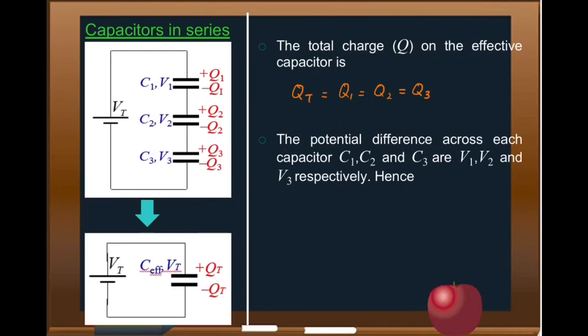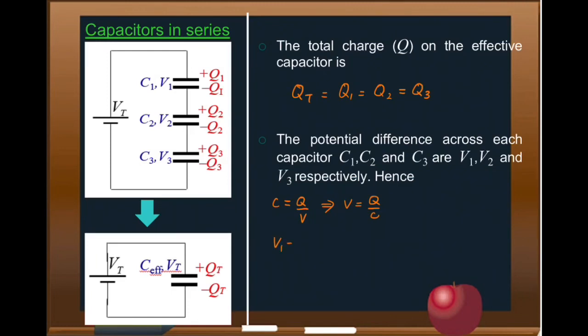So initially we know that we have the equation for capacitance, which is C equals Q over V, and this equation can be rearranged to get V equals Q over C. So we can write down the formula for V1, V2 and V3.